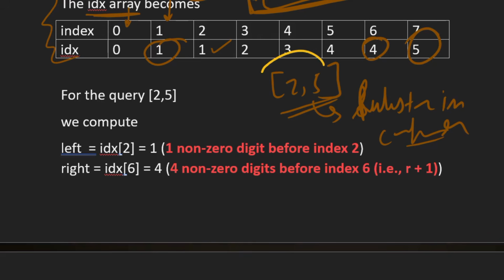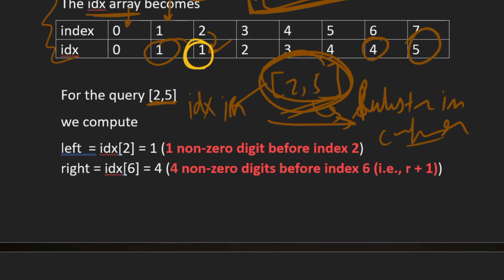So for these particular indexes we'll find the indexes in the compressed sequence. Our query is from 2 to 5. Index of 2 is giving us 1, so that is our left index in the compressed sequence, which means we have one non-zero digit before index number 2, and here we have r is equal to 5.